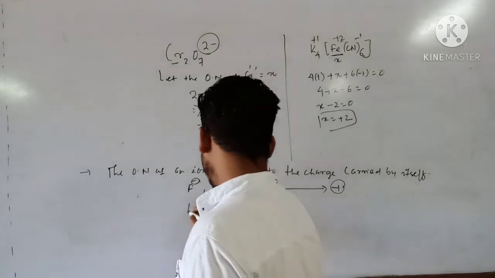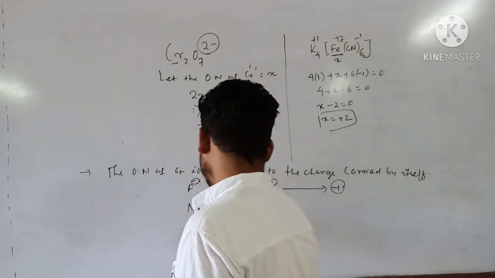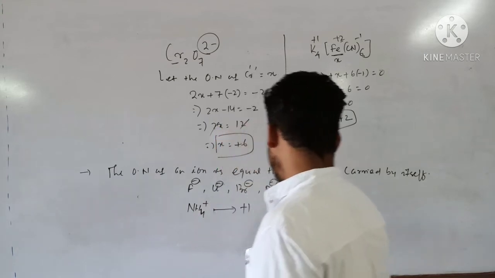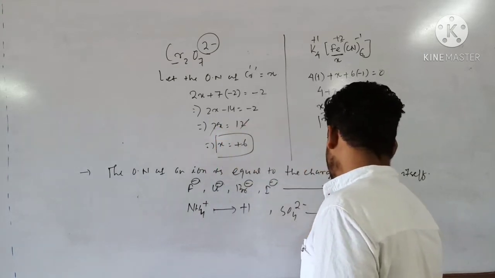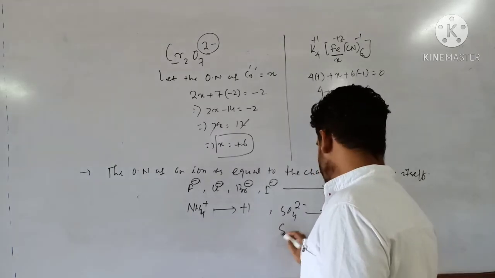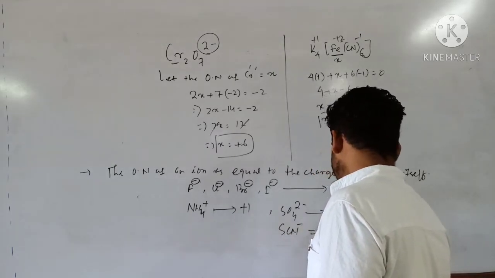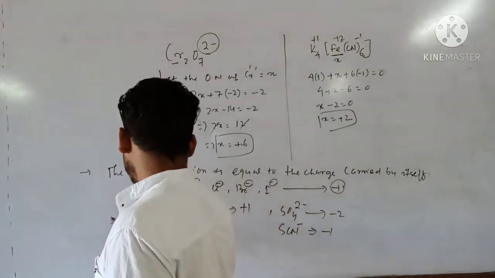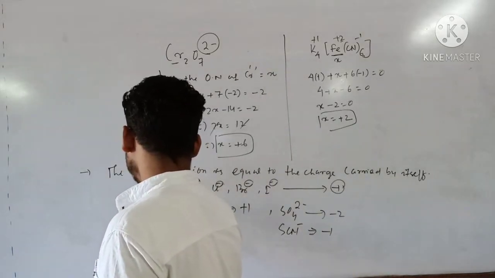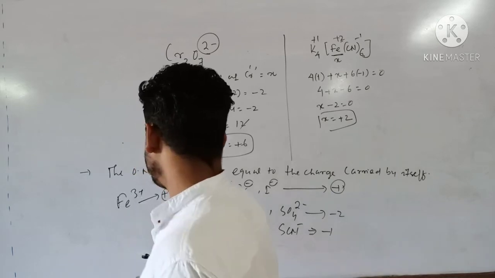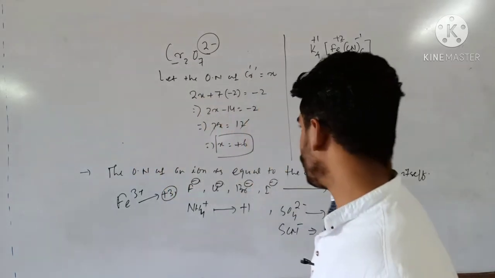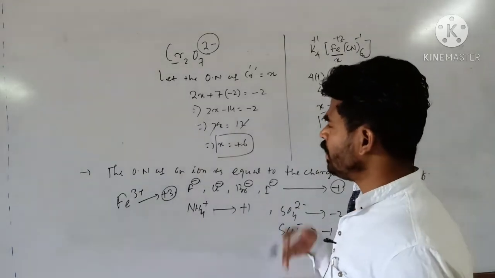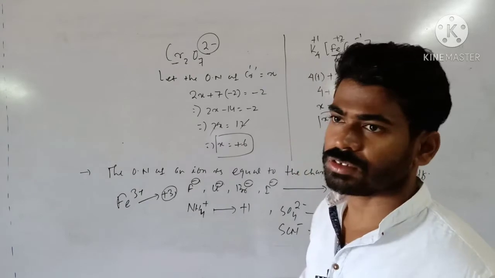If I need to calculate the oxidation number of NH4+, that will be its net charge, that is +1. SO4 2- will be -2. SCN- will be -1. Clear? Fe3+, so its oxidation state will be +3. Likewise, you can calculate the oxidation number of various species involved in any molecule or any polyatomic ions. Clear?